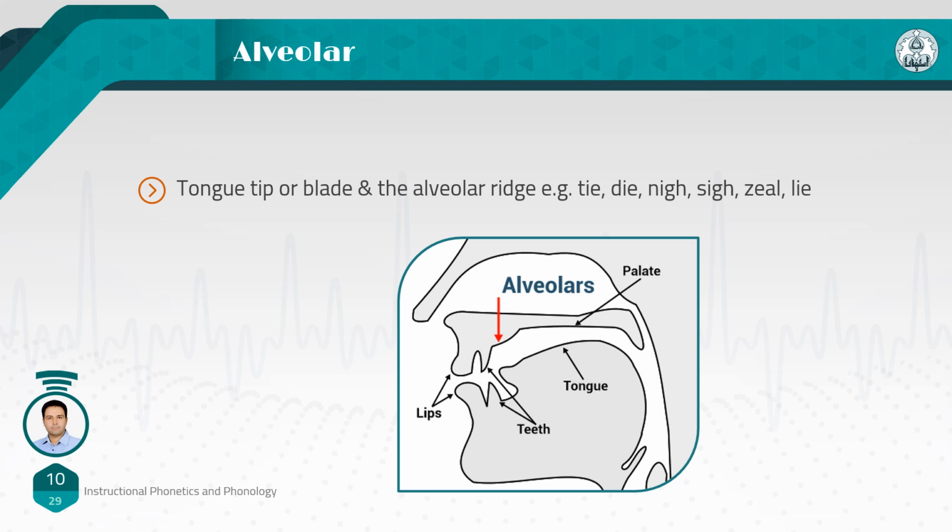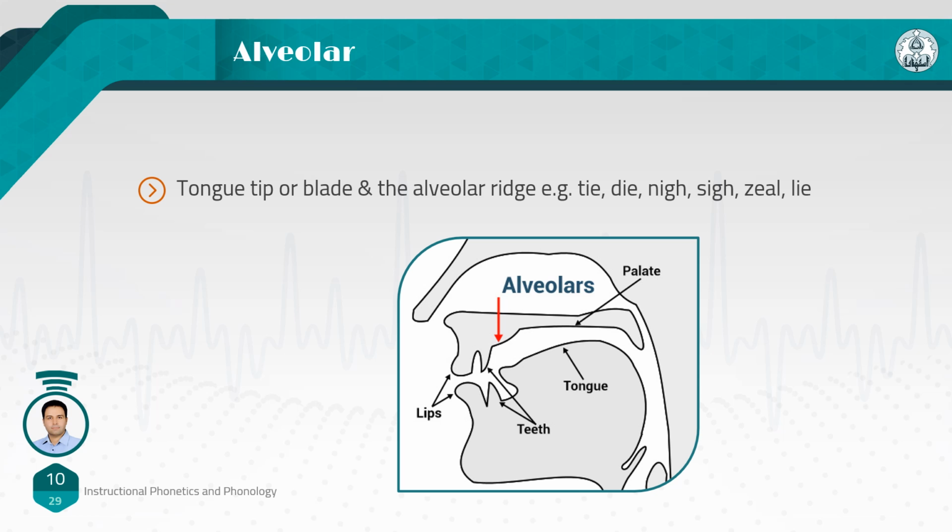For example, some people pronounce s with the tip of the tongue tucked behind the lower teeth, and some people produce it with the blade of the tongue, and in fact they touch the alveolar ridge with the blade of the tongue.